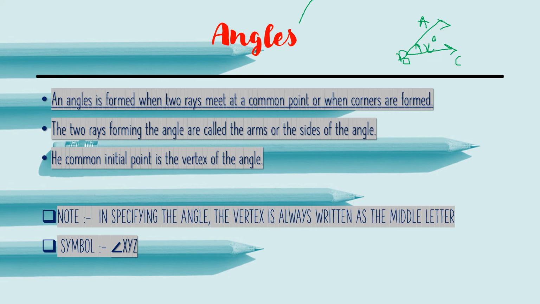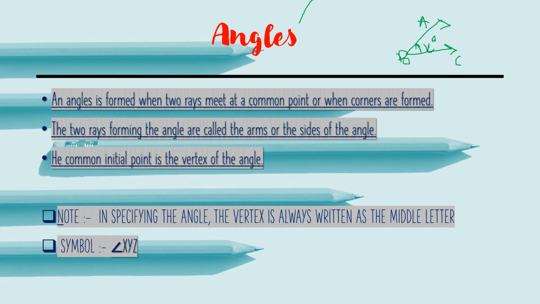So this is how an angle is formed. The two rays forming the angle are called the arms or the sides of the angle. So AB and BC are the arms or the sides of the angle, and the common initial point is the vertex of the angle. So B is the vertex of the angle.